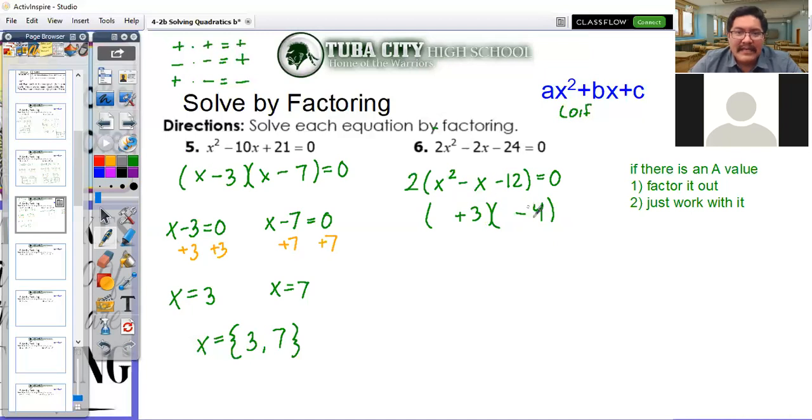So now negative is on the 4 and positive is on the 3. 3 minus 4 is negative 1. So yep, negative 1, we got that, and 3 times negative 4 is negative 12. So sometimes you will have to try a couple of times before you get it. Don't be afraid to try a couple of things. I don't know why students always seem to think that you can just get the right answer without really making any mistakes.